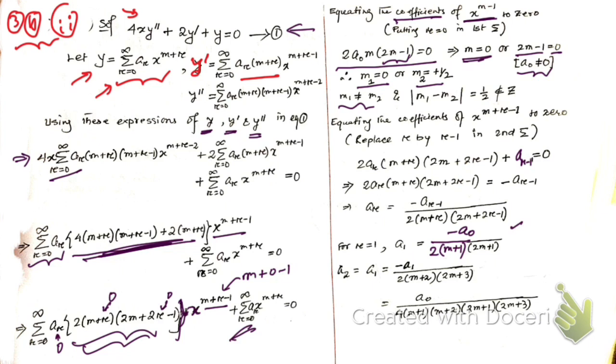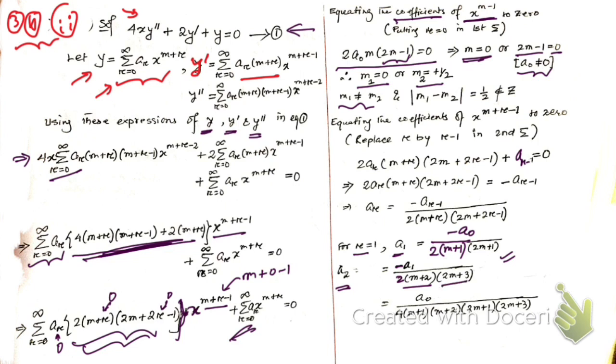Just let me tell you again, here you see. On putting r is equal to 1, we have got A1. If you put r is equal to 1, that's going to be A0, and we have got A1 equal to this. Then A2 will be equal to this one, minus A1, equal to 2 into m plus 2, twice m plus 3.